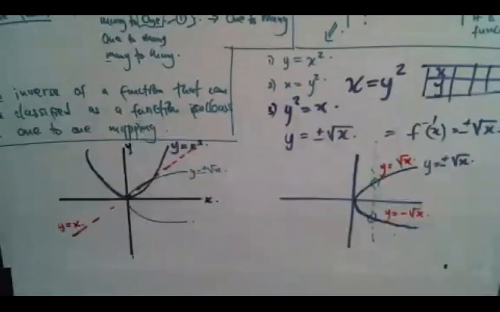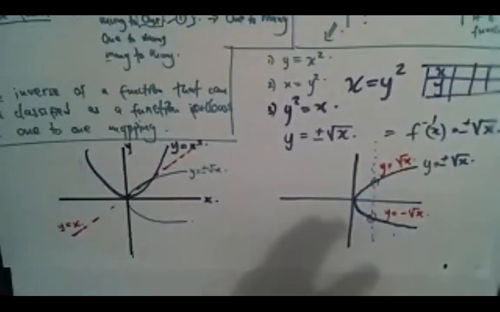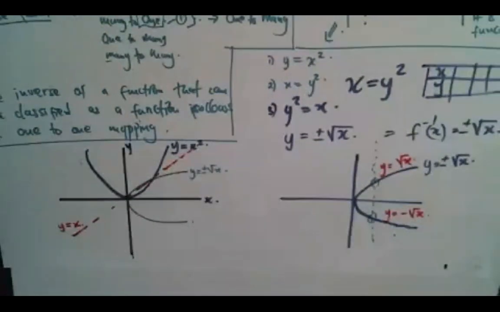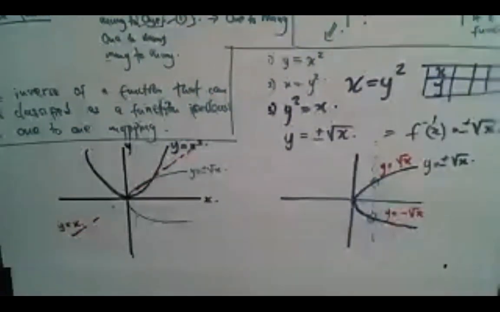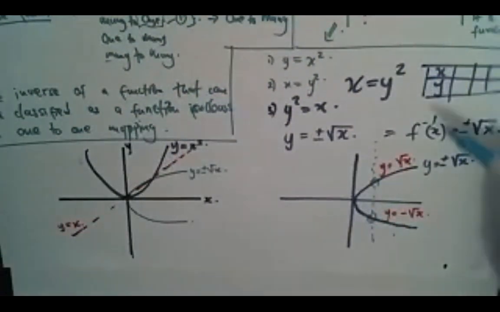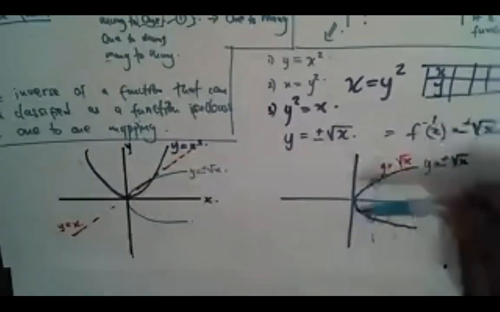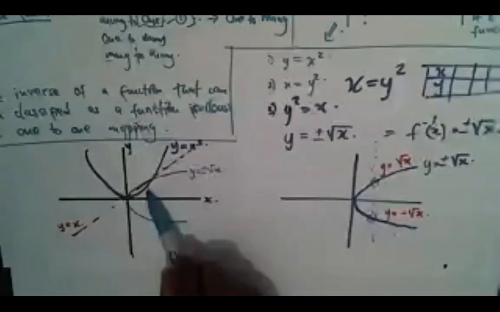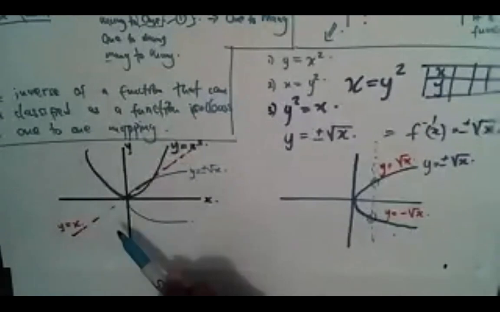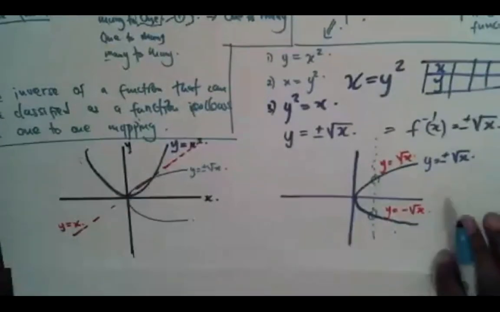Right? But what can we do? We can manipulate it so that it becomes a function. Because what are we saying? This is what we are saying for x and for y. So I'm going to show you now what conditions we set so that it becomes a function.